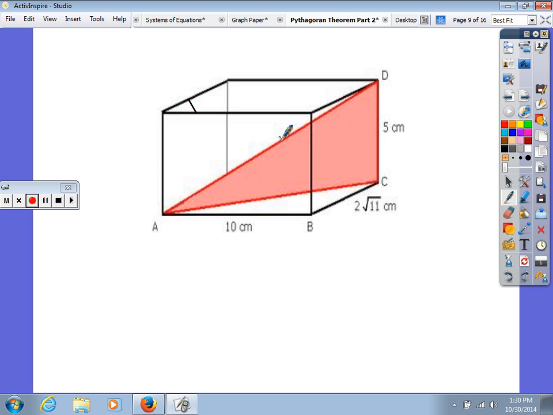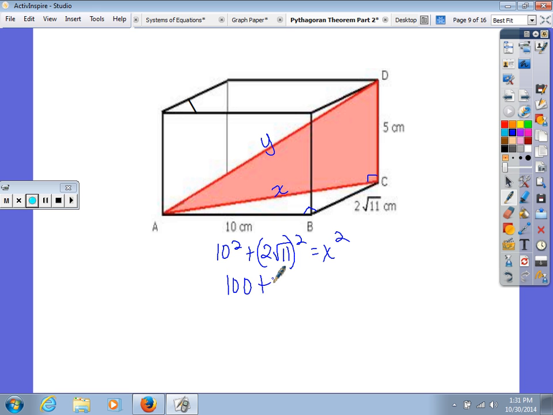First, in order to figure this out, I'm going to call this y, I would need to find my smallest triangle. And let's talk about y real quick. Because in order to figure out what this length is, I have to know this squared plus this squared. That's your right, and this is your right. Okay, so let's go ahead and do the bottom one. So that would be 10 squared plus 2 square roots of 11 squared equals x squared.